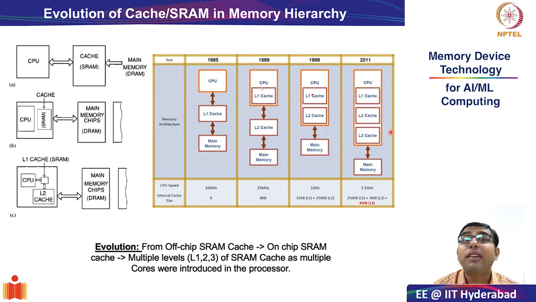And this is something that we also saw in a CPU floor plan in the last class. Remember, in the last class, we saw an octa-core processor, and we saw that the size of the L3 cache was equivalent to all the 8 cores put together.